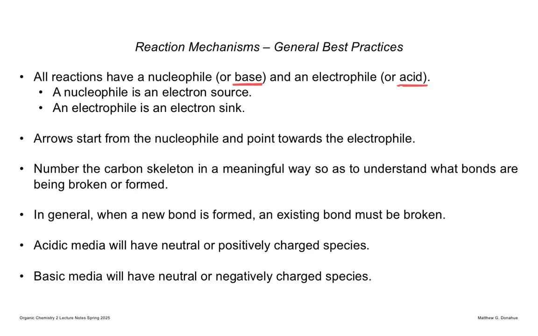An electrophile is an electron sink, something that can accept those electrons. So arrows start from a nucleophile and they point towards the electrophile. That's the flow.